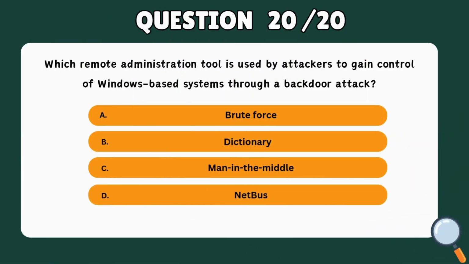Question 20. Which remote administration tool is used by attackers to gain control of Windows-based systems through a backdoor attack? A. Brute force. B. Dictionary. C. Man in the middle. D. NetBus. Correct answer.